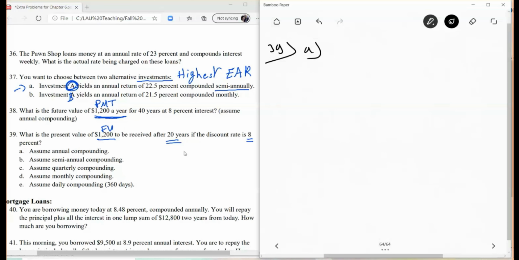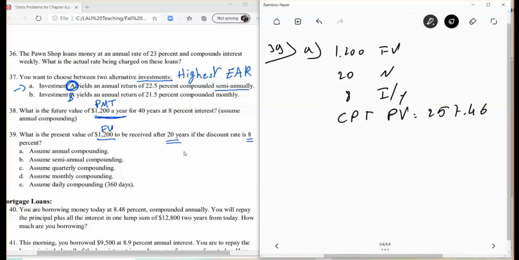So for part A, I solve in the following way. I have 1,200, this is FV. I have 20 as N, 8 as I/Y, and I compute PV. The present value with annual compounding is 257.46.